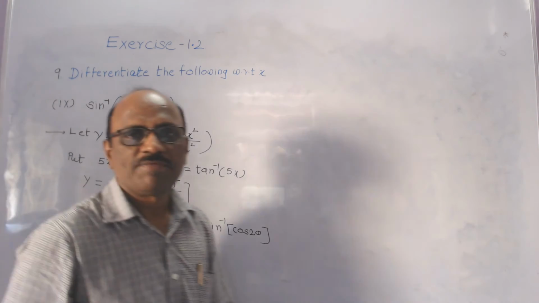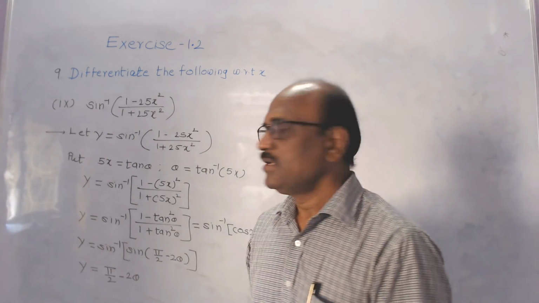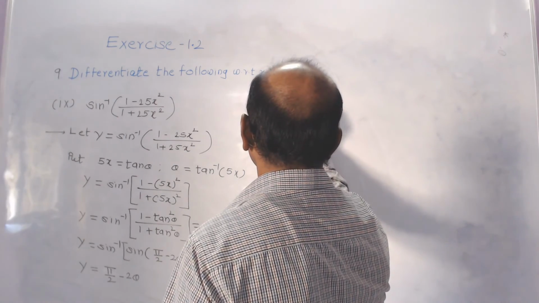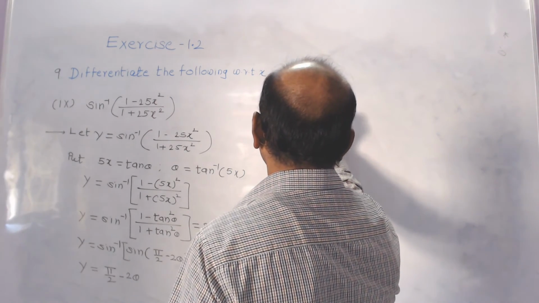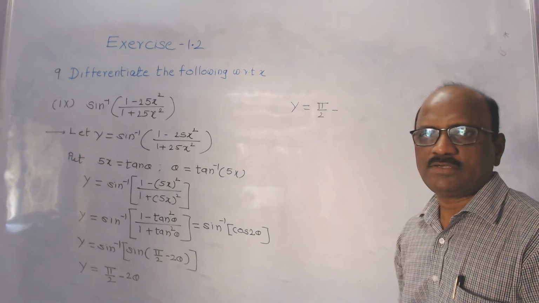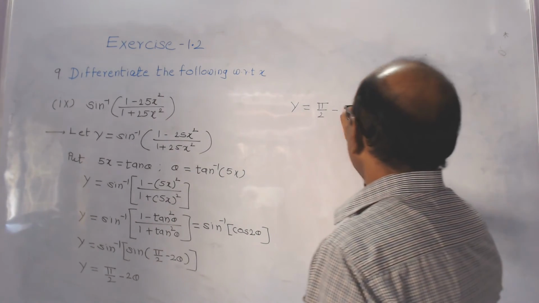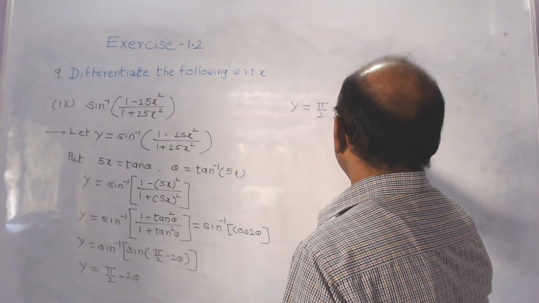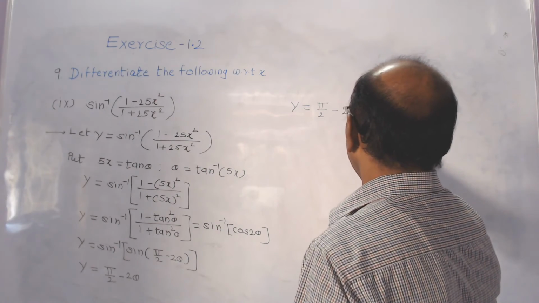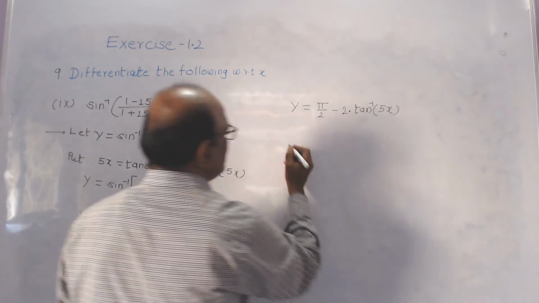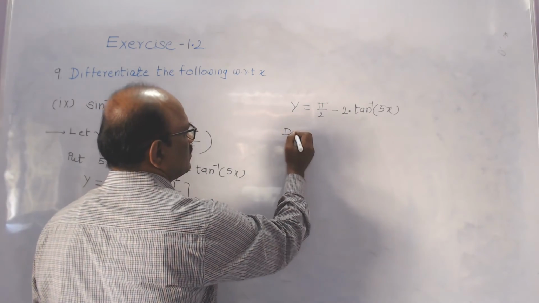Now we will substitute the value of theta, therefore here we have y is equals to pi by 2 minus 2 theta, 2 into theta means what? 2 tan inverse of 5x.